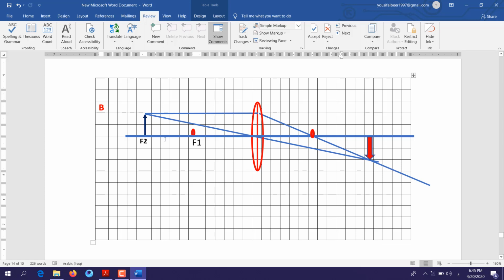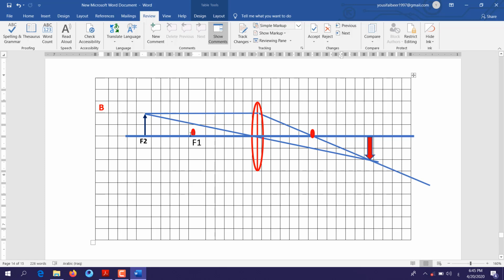To remind you, for an object at the principal focus and in any position in this area, the image will be virtual and larger.